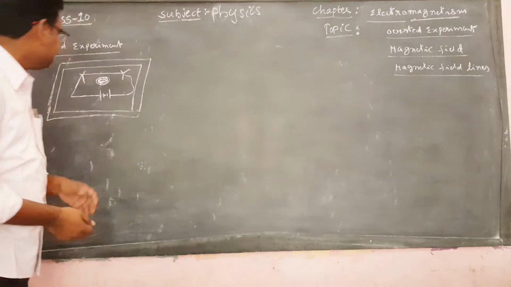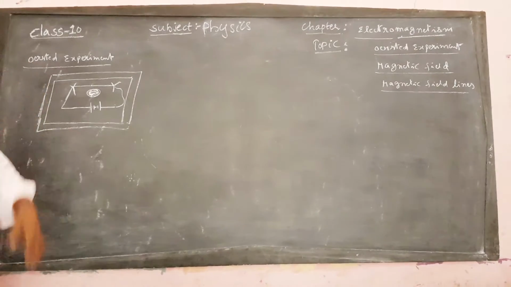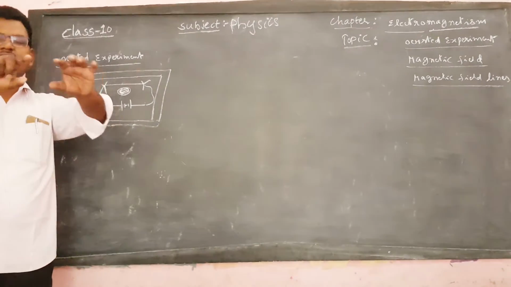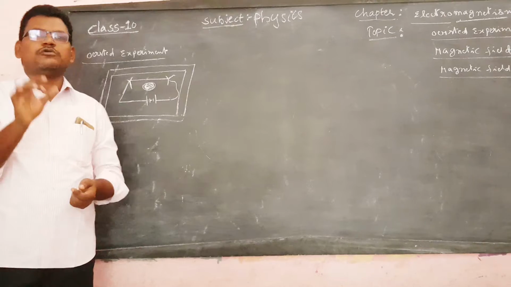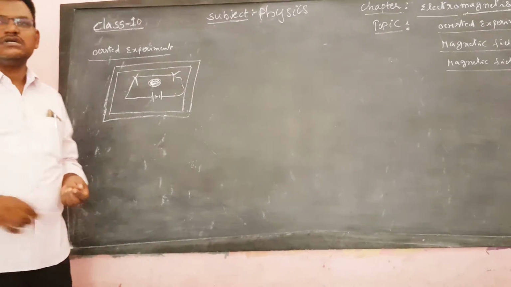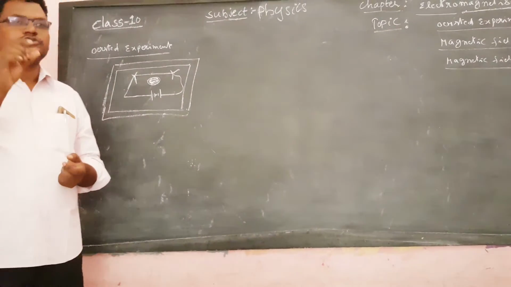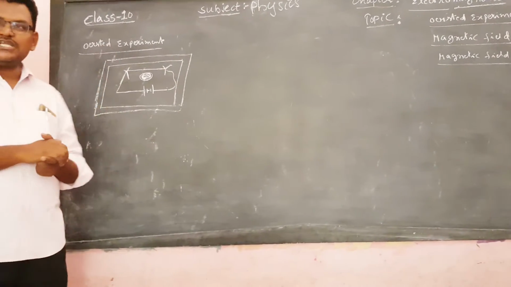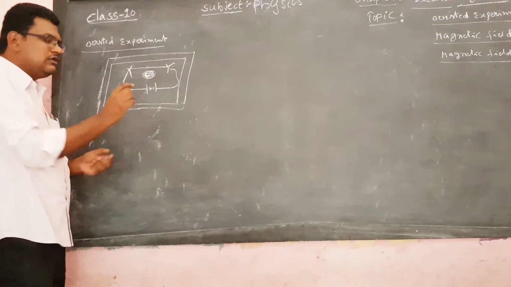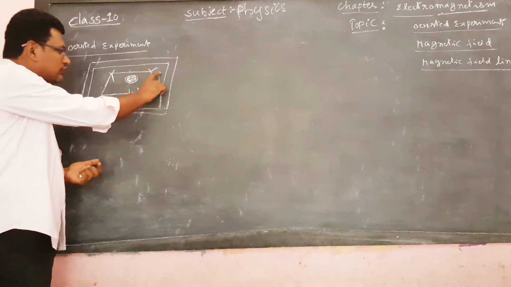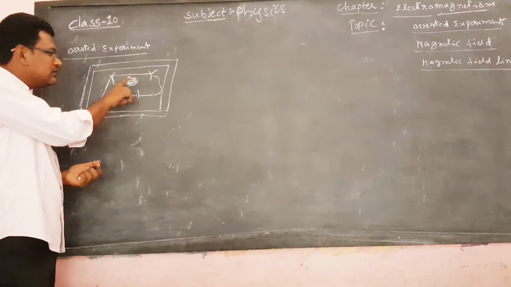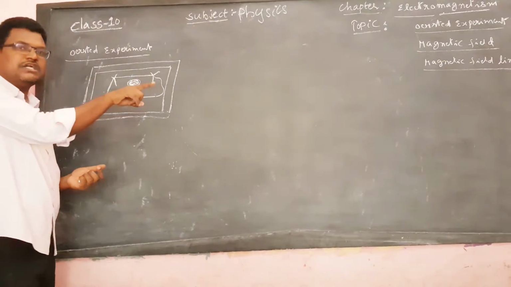To conduct the Oersted experiment, we have to take a battery and make a simple circuit. Under a wire, if you take a compass box, when current flows in the circuit through the wire, the magnetic needle deflects.